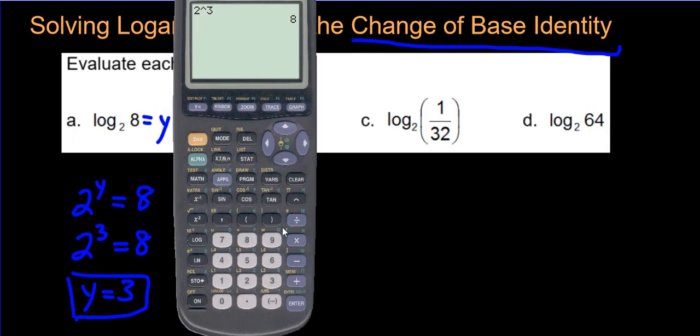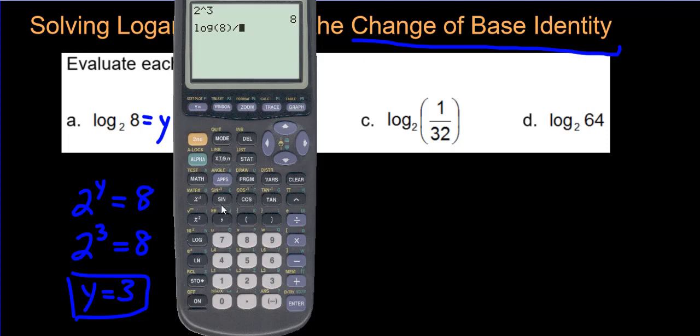But I'm just going to show you. To solve this question, you would look at this situation and you would see log of 8 to the base 2. So you start by typing, look for log on your calculator. Some of your calculators you have to hit 8 first and then log. On this fancy calculator, you just take log 8 and you divide it by log 2.